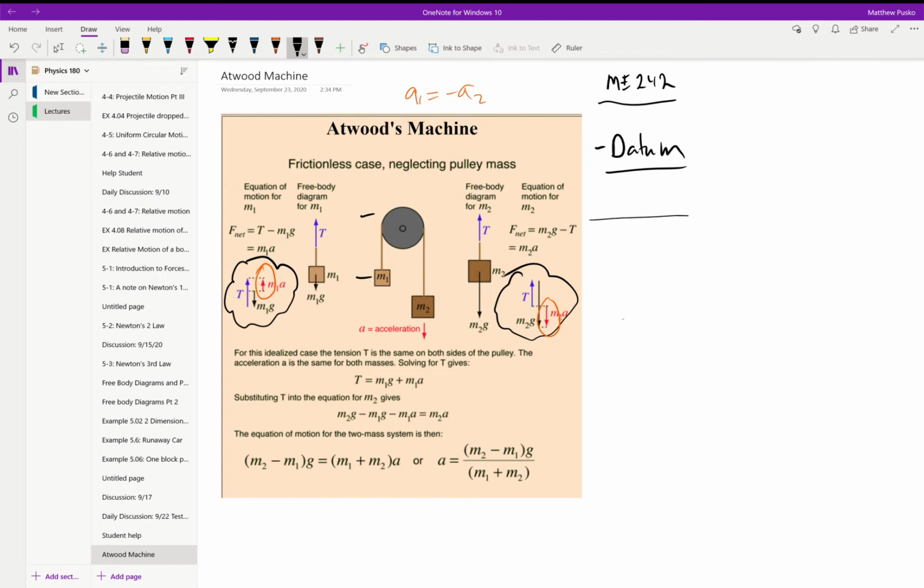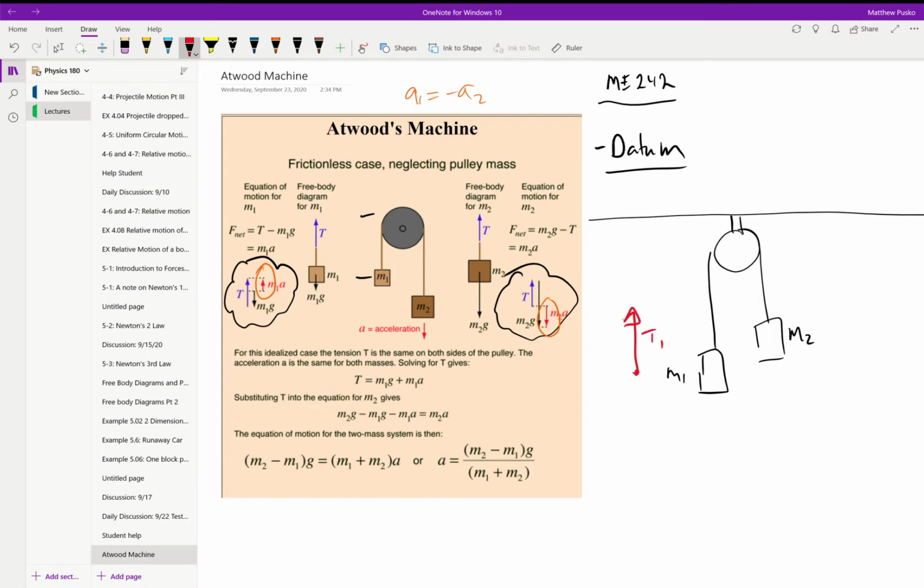So let's redraw this problem. We have a pulley, we have some mass 1, we have some mass 2, and if we look at the free body diagrams on both, we get the same forces. We have a tension, we'll call it T1, and we have some M1 times the acceleration due to gravity going down.